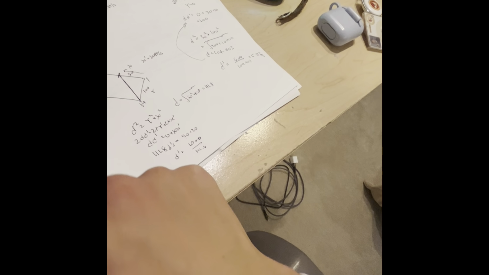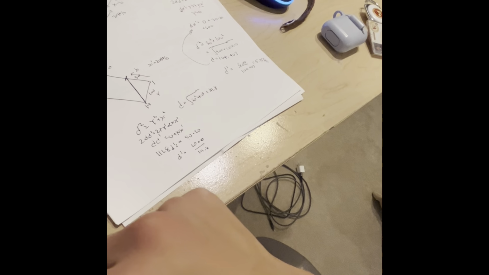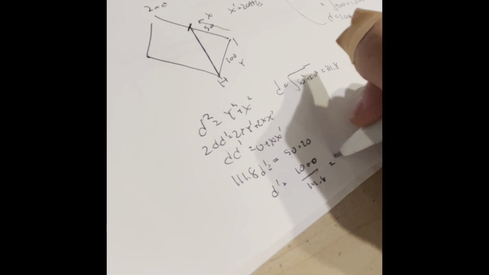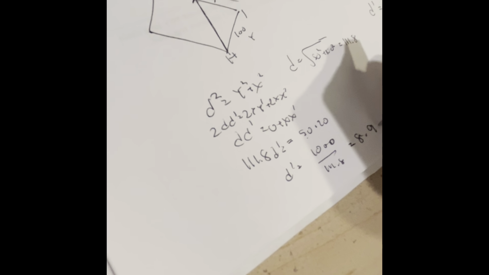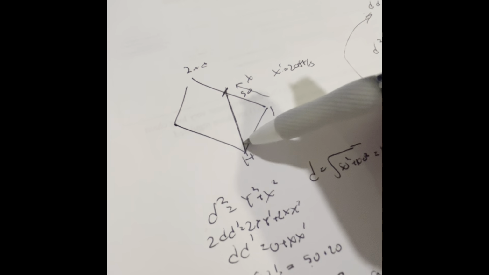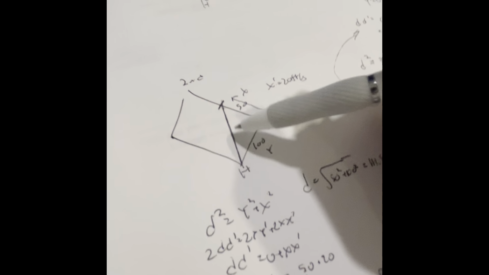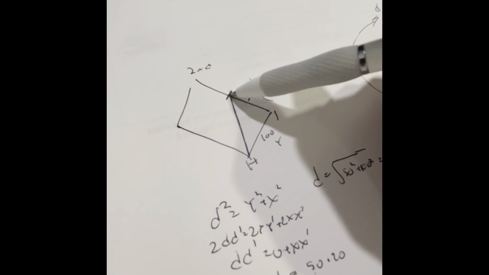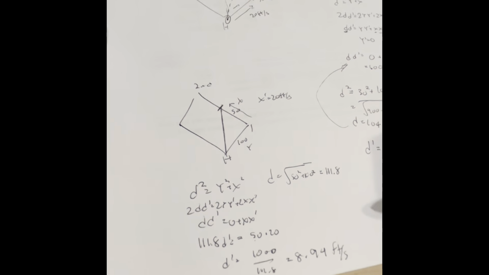And what do we get? We get 8.94 feet per second. So in this situation where he's halfway through, the distance from the home base to where the runner is changes at this rate.